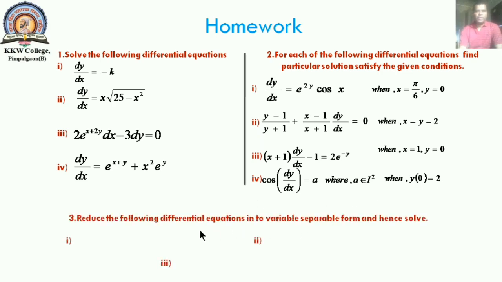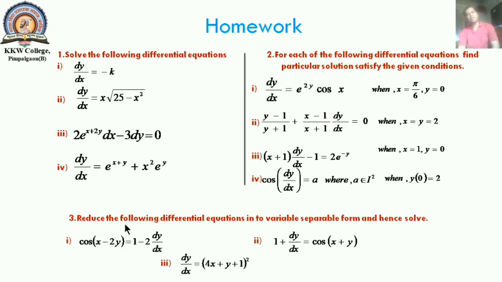Now variables are not easily separated; that kind of examples are there. Cos of (x minus 2y) is equal to 1 minus 2 dy by dx. Second example is 1 plus dy by dx is equal to cos (x plus y). Third example, dy by dx is equal to (4x plus y plus 1) whole square.